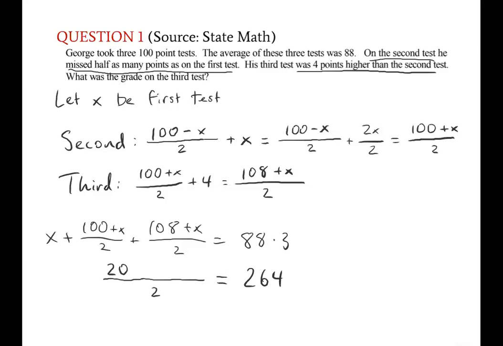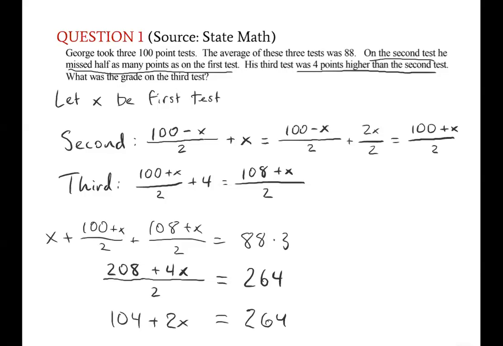Okay, so if we divide 2 from this fraction, then we get 104 plus 2x is equal to 264.